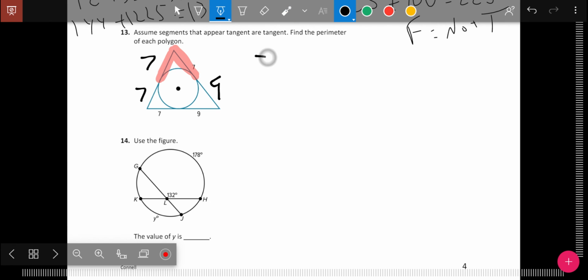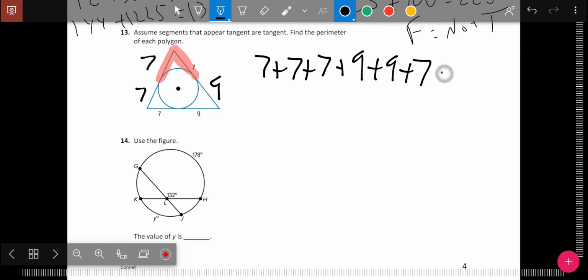And so I would add them all up. And I get 46 units. All right, 46. The perimeter is 46, whatever, centimeters, inches, whatever.